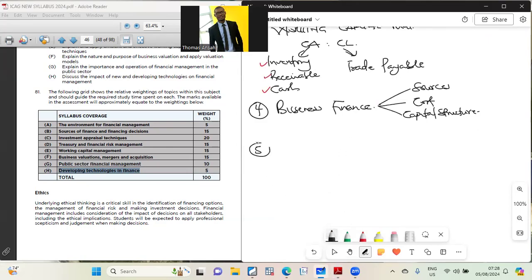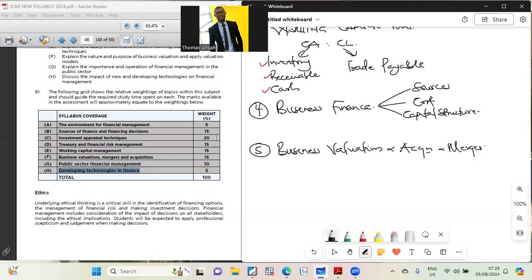Now, the fifth thing that we will discuss after this will be business valuation. In business valuation, we will be adding what we call acquisition and merger. It used to be 20 marks, but now that one too has been reduced to 15.